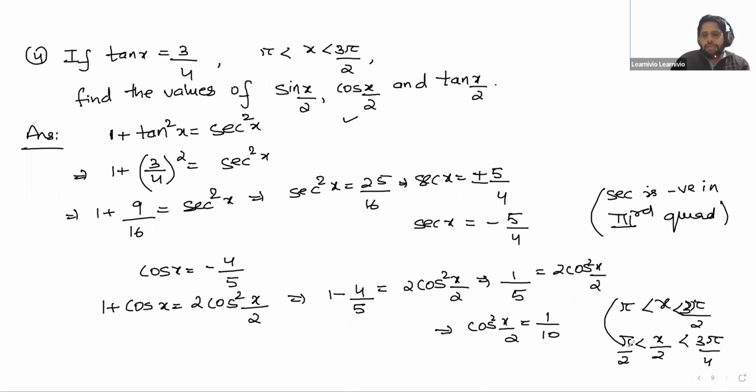So between 90 and 135, which quadrant is this? Greater than 90, between 90 and 180: second quadrant. So cos x by 2 is negative in the second quadrant.